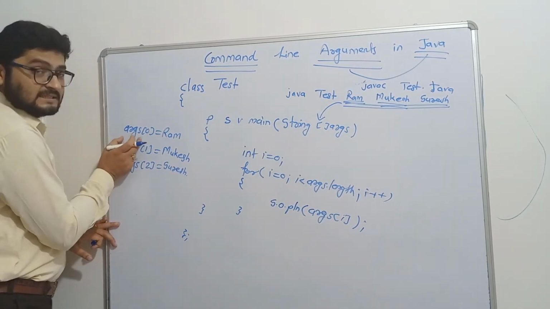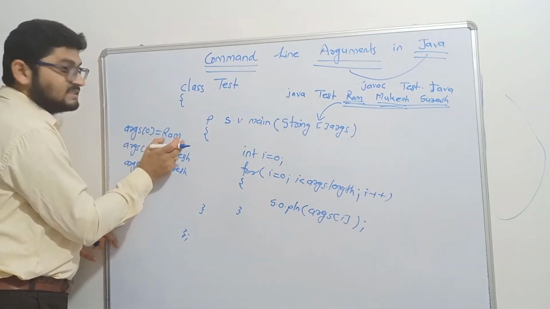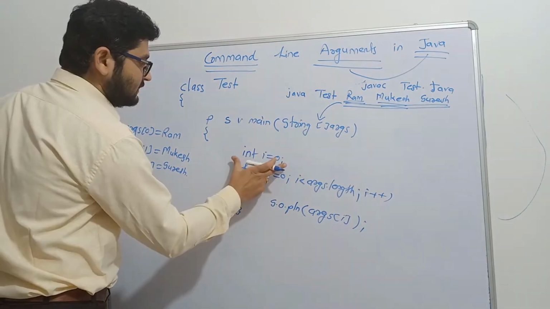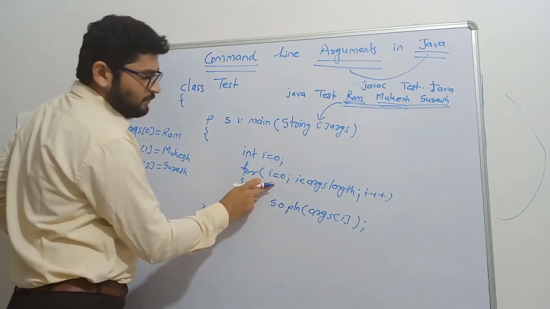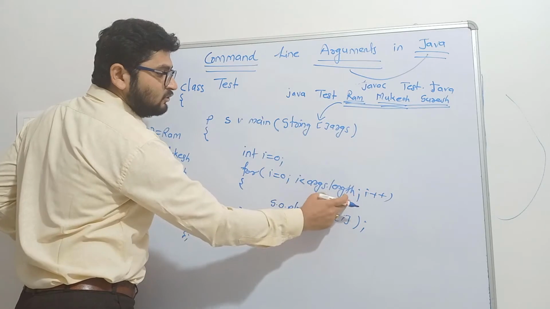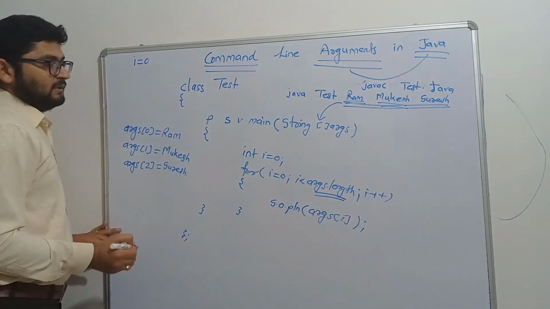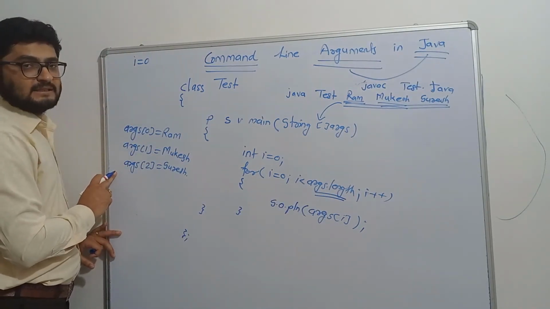Now as args is an array of strings, each element of this array is itself a string. Now what I have done here is i equal to 0. Initially i is 0, then we check whether i is less than args.length or not. The value of length will be equal to the number of strings args has.